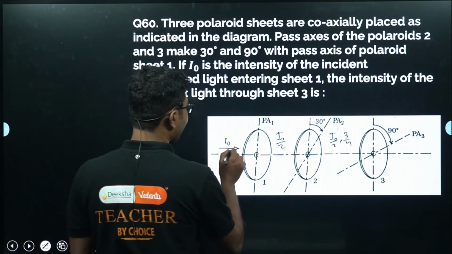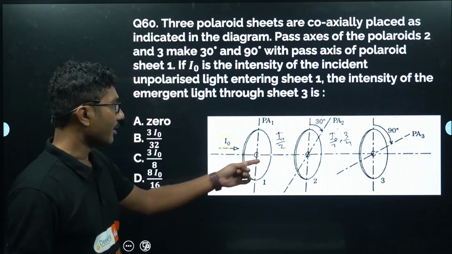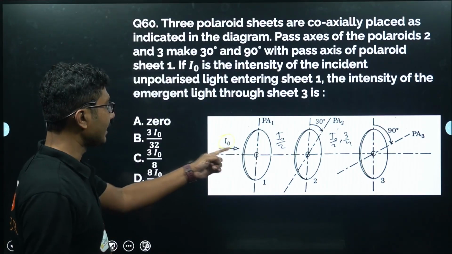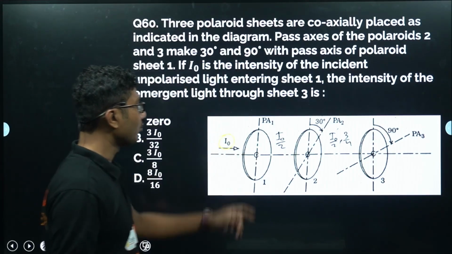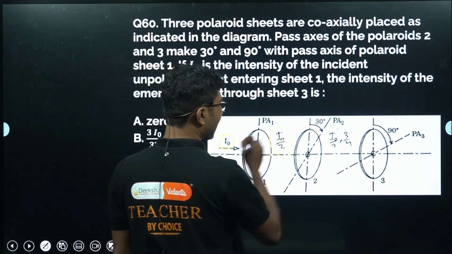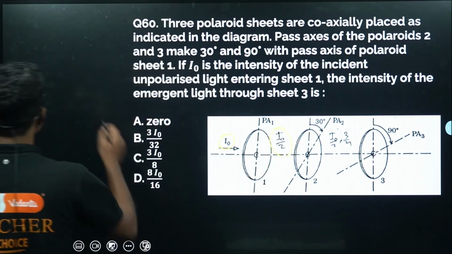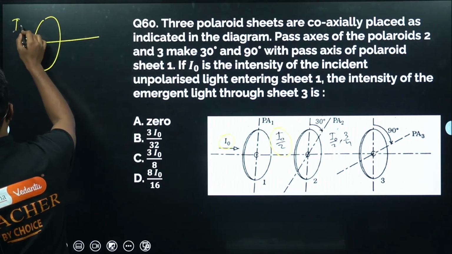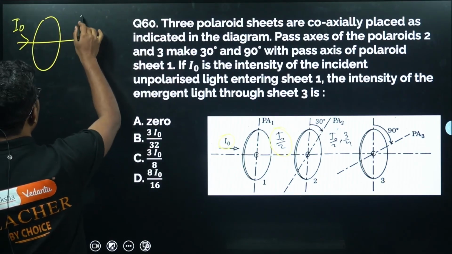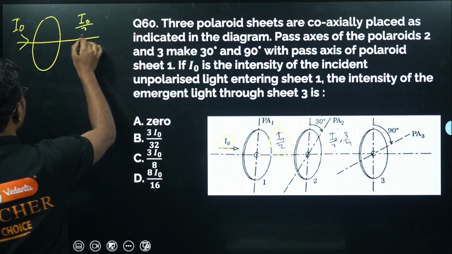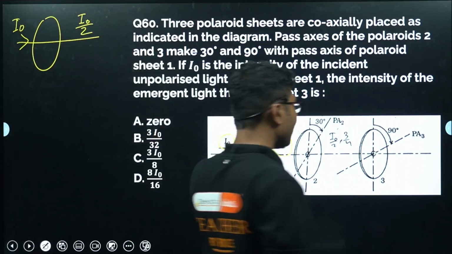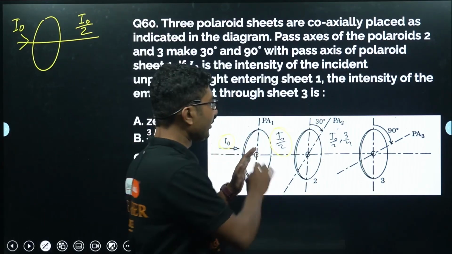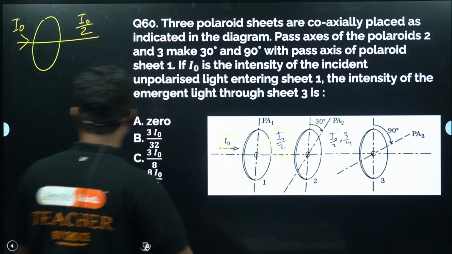So when unpolarized light of intensity I naught enters a Polaroid, its intensity becomes I naught by 2 after passing through the Polaroid. From next time onwards, the angle between the next Polaroids is what is important.